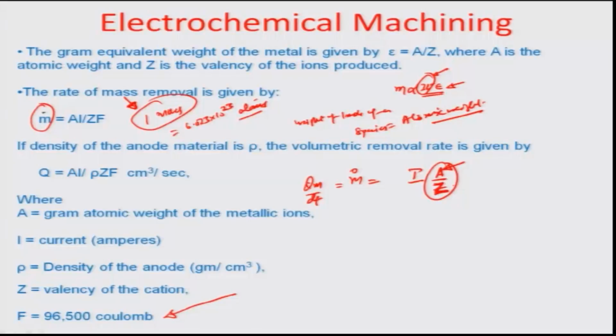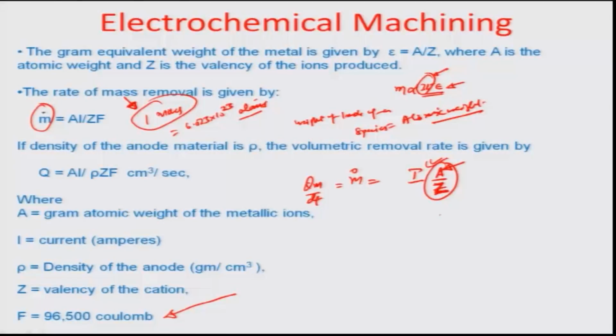Obviously, if you are removing Fe+2, you have to have 2 electron transfer. So, the number of charges needed for removing Fe+2 would be 2 moles for 1 mole of Fe+2. That ratio needs to be maintained here, which is given by A by Z, or the equivalent weight.